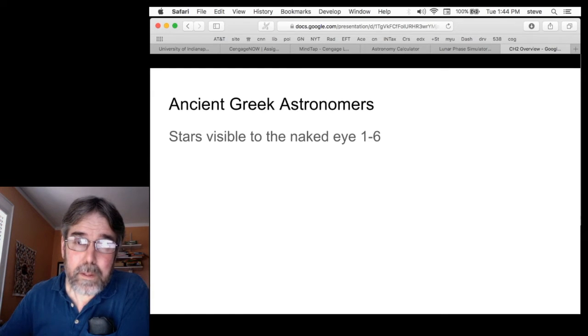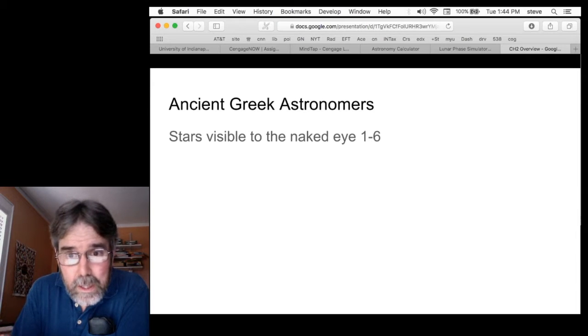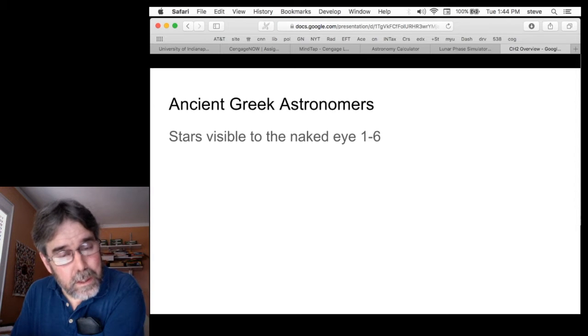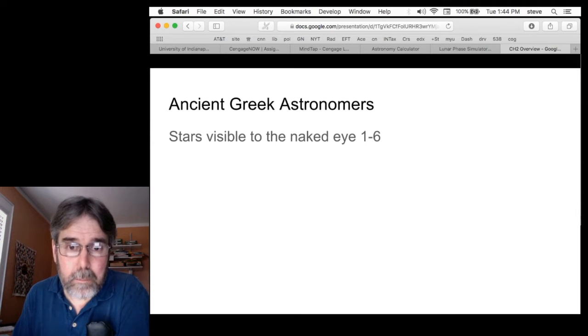Now, with the technology we have today, we can actually measure the amount of energy per square centimeter coming from any part of the sky, and we can determine how much energy flux is arriving at the Earth from any given star. And so we know that the ratio of the most energetic star to the stars that are called magnitude 6, which are just at the limits of human vision, the ratio of those energy fluxes is about 100 to 1.